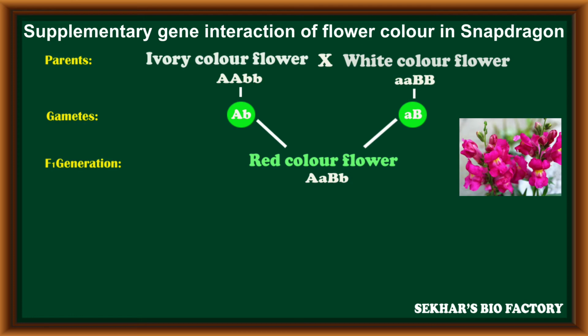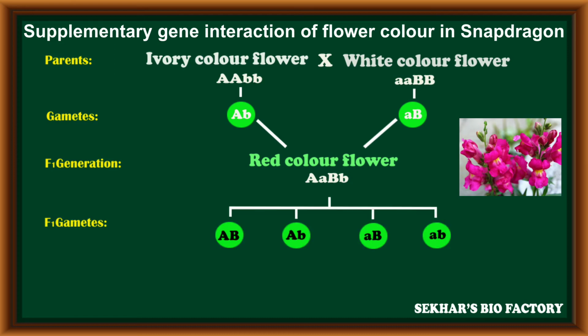This F1 hybrid has a new or third phenotypic expression in the form of red color or magenta color flowers. It is due to the capital A, small a, capital B, small b allelic combination.